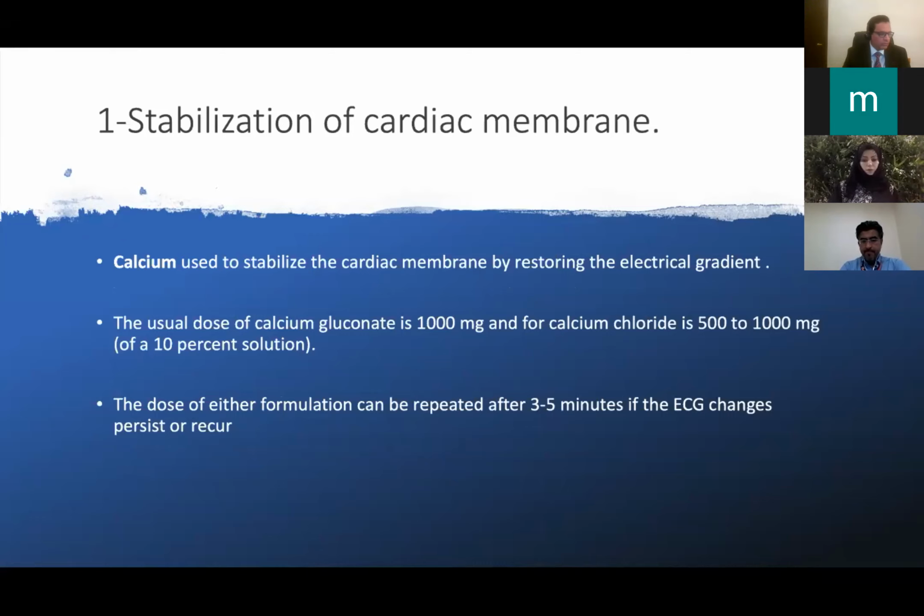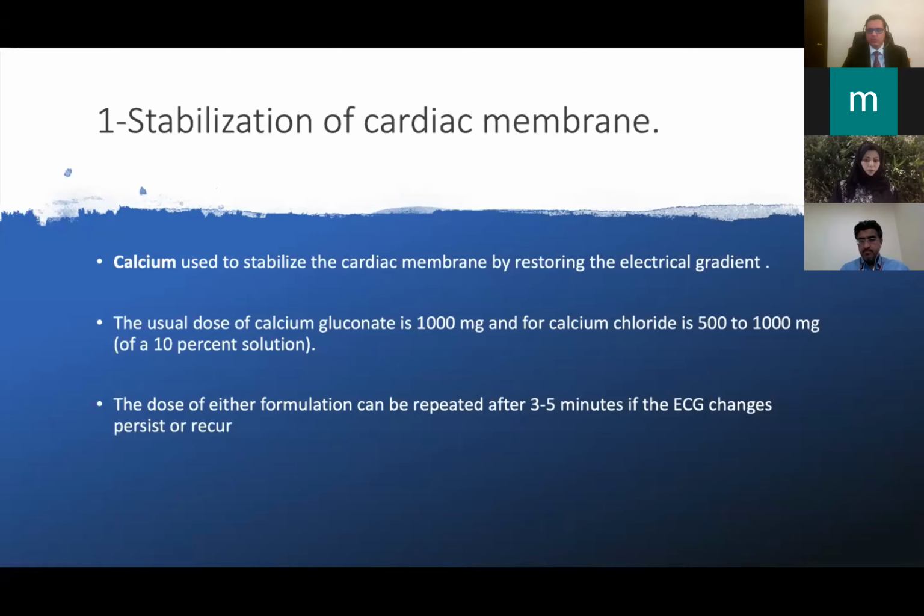It has almost three times more elemental calcium compared to calcium gluconate. It's in an active formula, so it does not need to be metabolized in the body to start to act. The difference here is that calcium chloride cannot be used in a peripheral line except if your patient is in cardiac arrest. Otherwise, if you are using a peripheral line, the only option will be calcium gluconate.